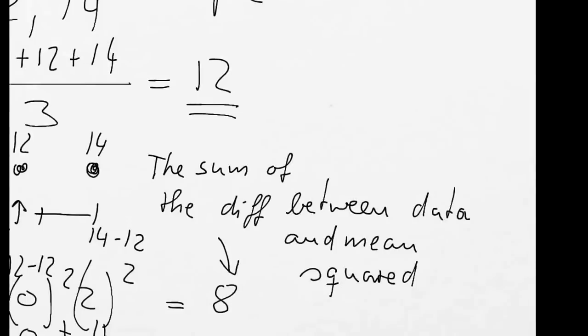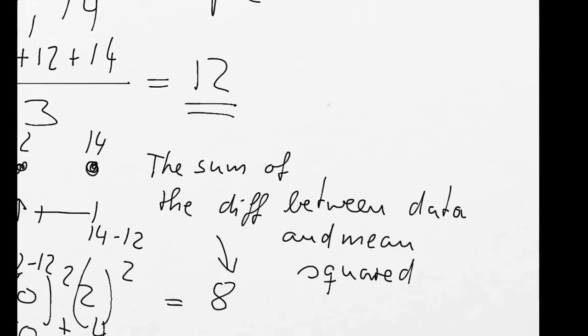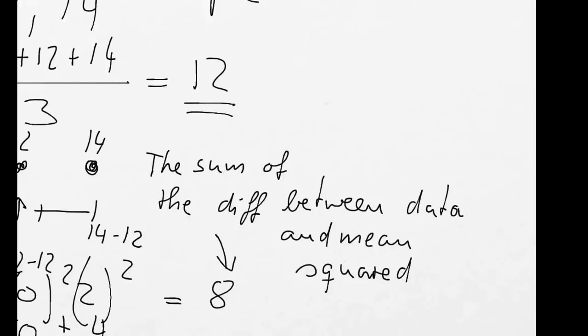And now, of course, I want to know what is my average. What's the average of these distances? Well, I had 3 data points. So I had minus 2 squared plus 0 squared plus 2 squared, and that gives me 8.